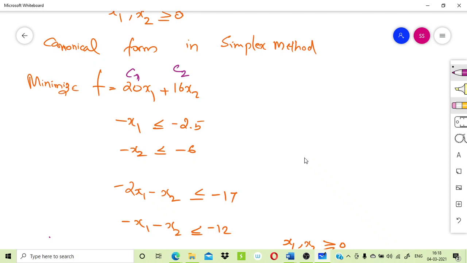C1 is equal to 20 and C2 is equal to 16, and both are non-negative.